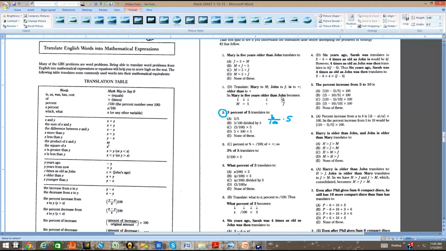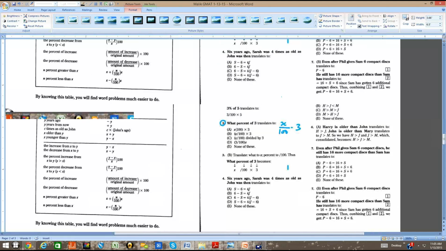And that's how you translate it. Look at question number 3. What percent of X? Using the translation table, what means X. Percent means over 100. Off means multiply. Okay, these are pretty simple questions, but these are good ones to show you how every word has a certain meaning.